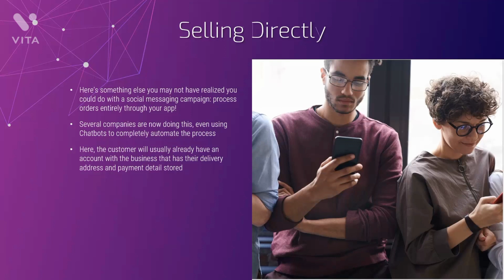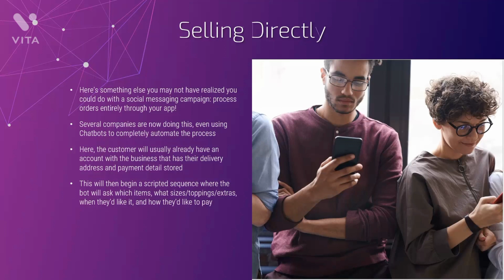They will then send a message through Facebook Messenger, WhatsApp, or a bespoke app, see the next video, stating that they would like to order food. This will then begin a scripted sequence where the bot will ask which items, what sizes, toppings, extras, when they'd like it, and how they'd like to pay. They will then ask the user to confirm, and within a minute, the transaction will be over.